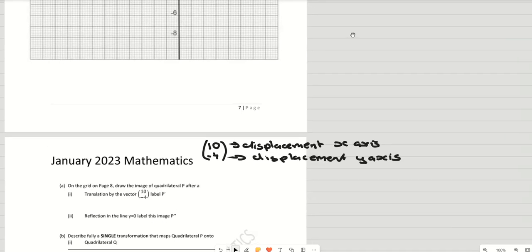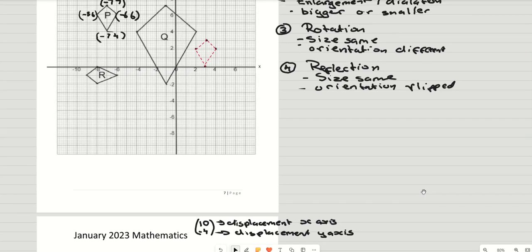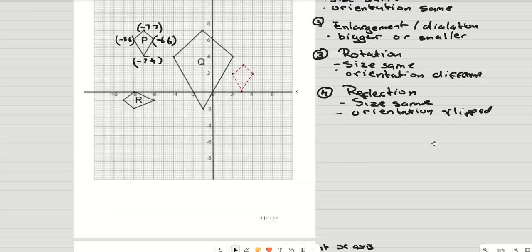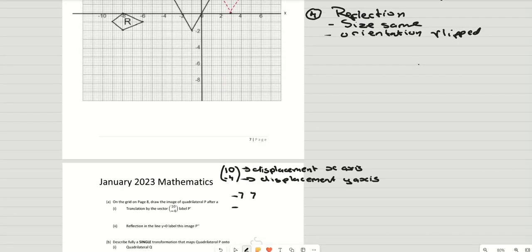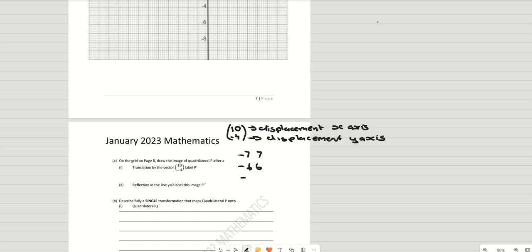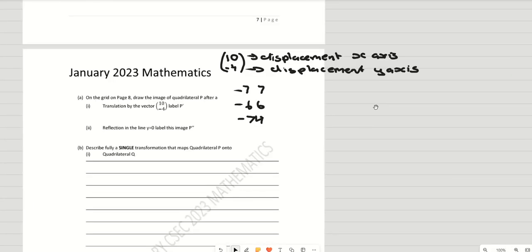So the coordinates are minus 7, 7, minus 6, 6, minus 7, 4, and minus 8, 6.